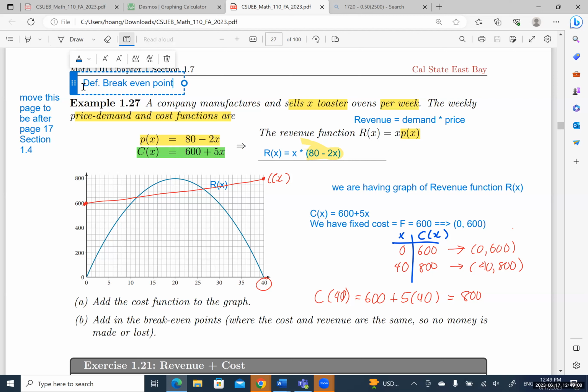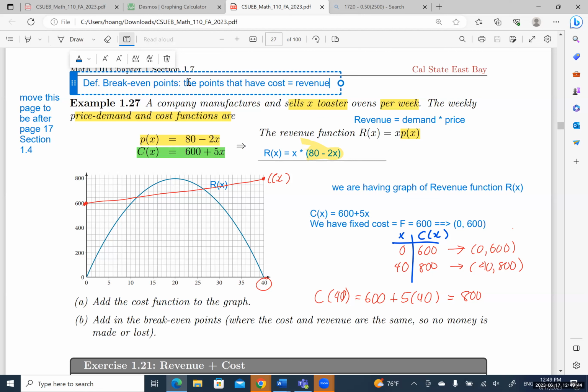The break-even point in business is the point that has expense or cost equal to revenue.